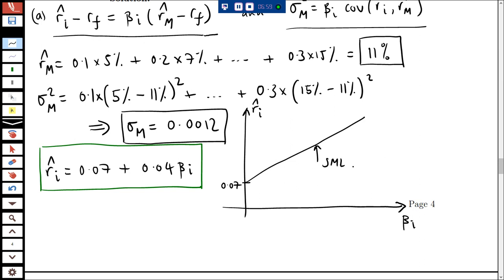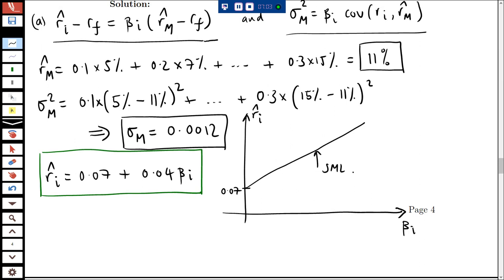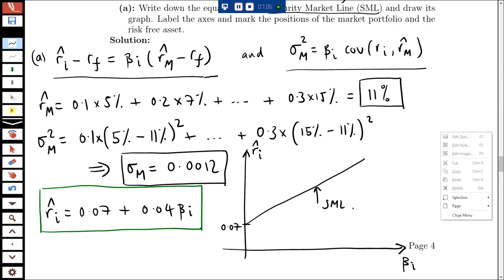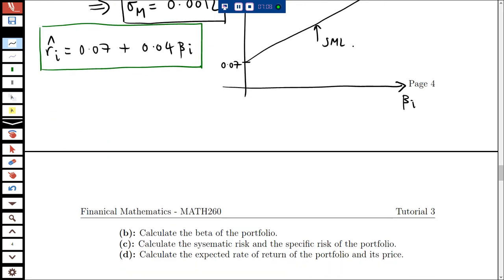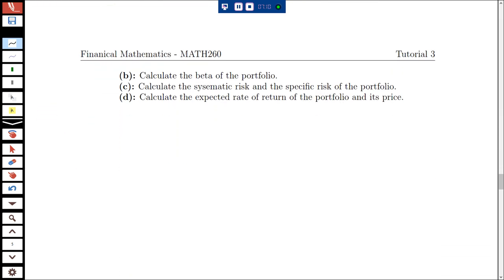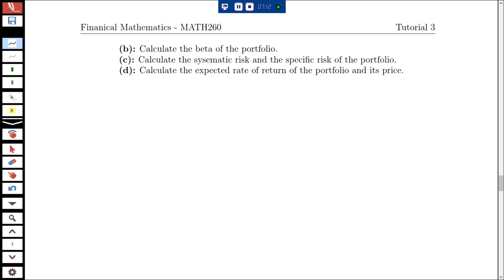Okay, so that's requirement A. That's the SML. Let's take a look at some of the other requirements on the next page. Calculate the beta of the portfolio. Okay, let's do that next.